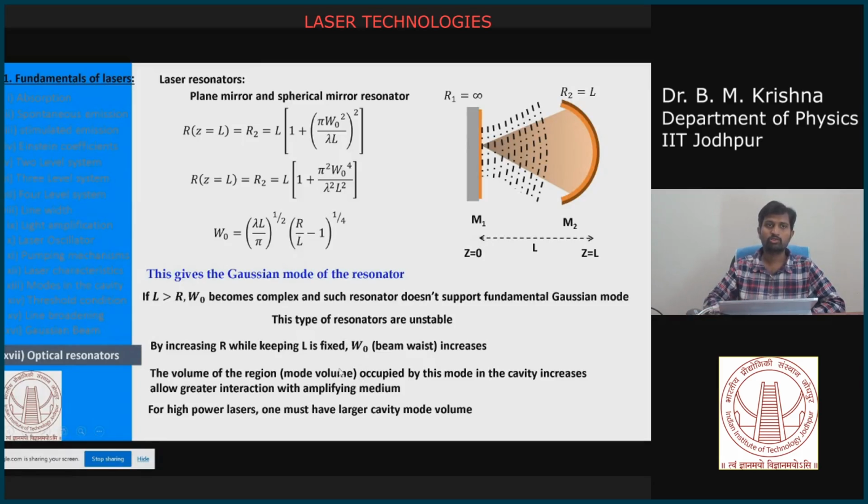In 3 dimensions we can call it the volume of the region, that is your mode volume. Once your mode volume is higher, you have more interaction with the amplifying medium. When you have more interaction, you expect more power. That is the reason for high power lasers, one of the conditions you must have is a larger cavity mode volume.